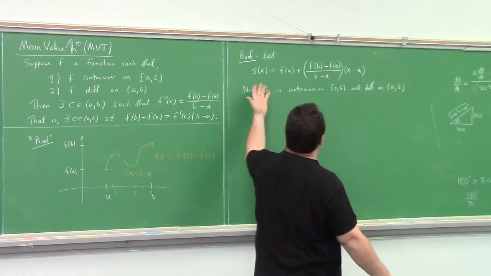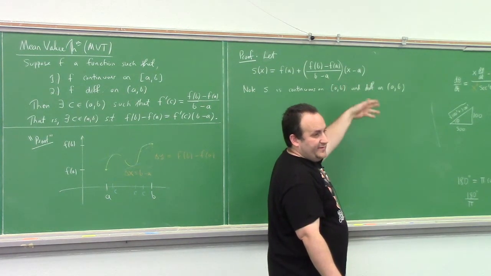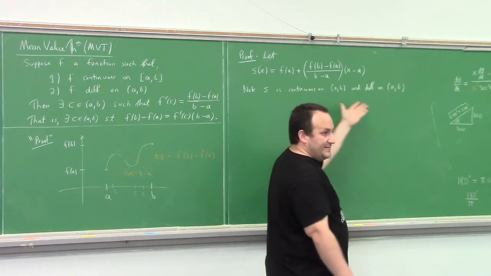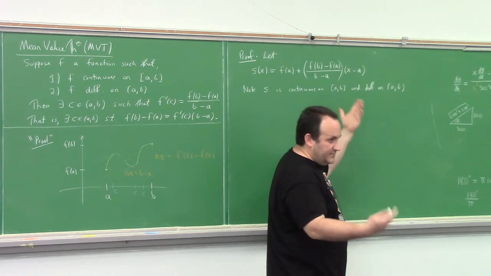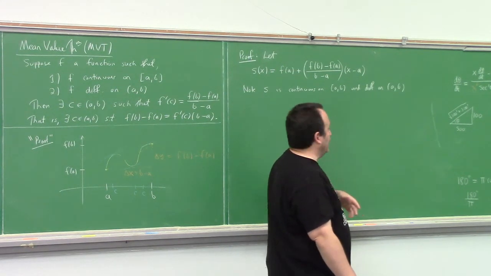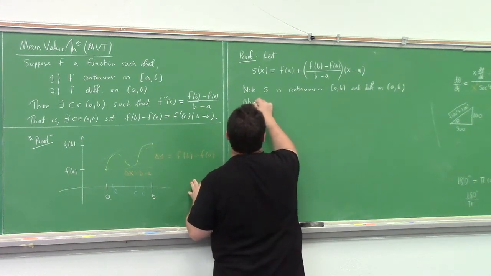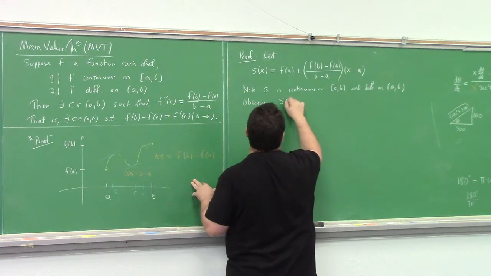This is a line, right? f of b and f of a are given numbers. This is the equation of a line. Is that continuous and differentiable? I think so, yes. So, observe, what is S of a equal to?